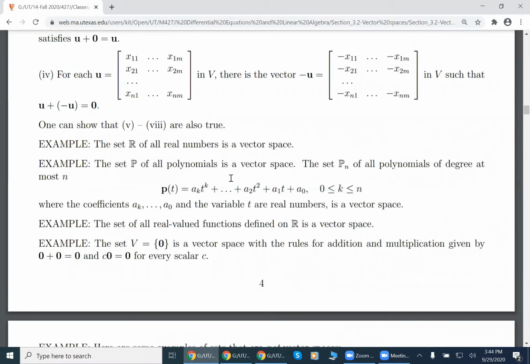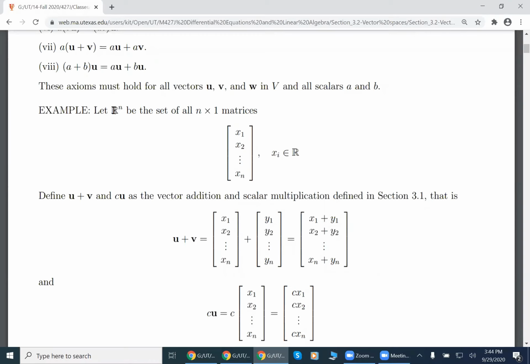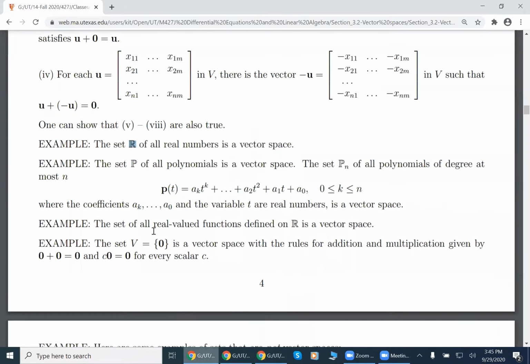You may ask a question, what's the difference between R and R1? There is a little difference. R1 is the set of all 1 by 1 matrices. R is the set of all real numbers.